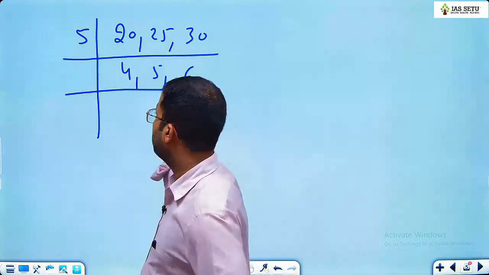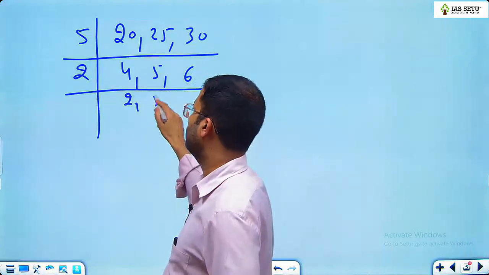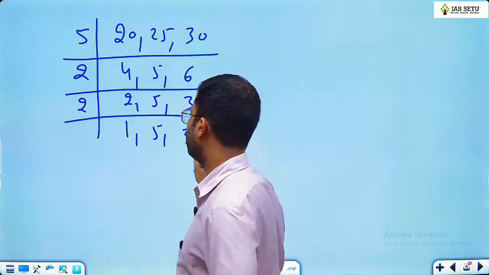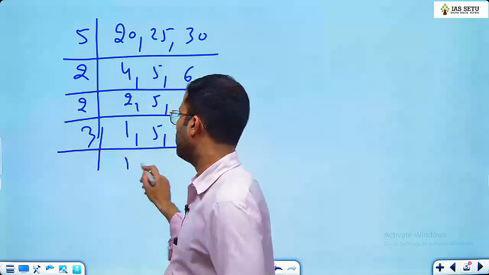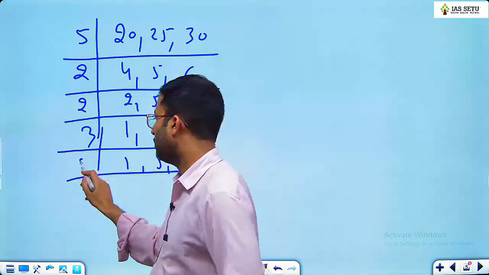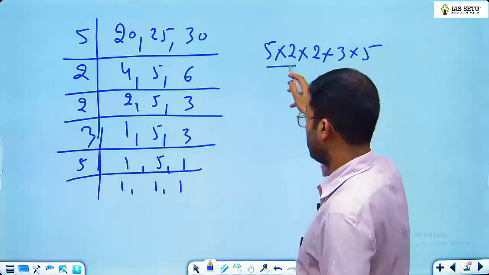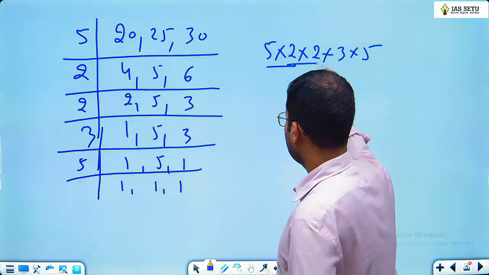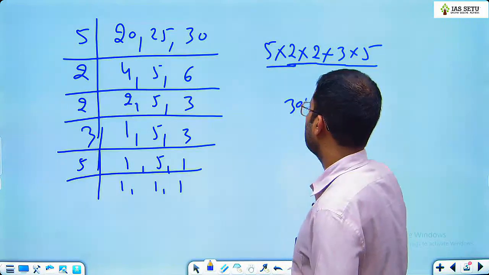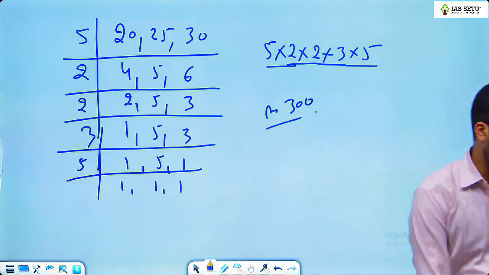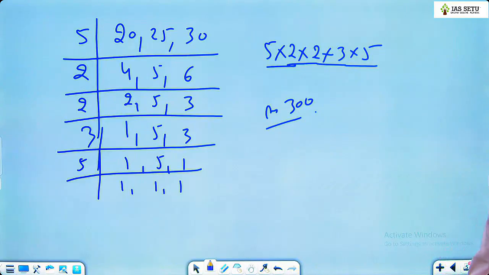Then here you take 2 common, this is 2, 5, 3. Then you take one more 2 common, 1, 5, 3. Then you can take 3 common, 1, 5, 1. Lastly you take 5. 2 into 2 into 3 into 5. This is 10, 20, 60. This is 300. So the LCM of 20, 25, 30 is 300.